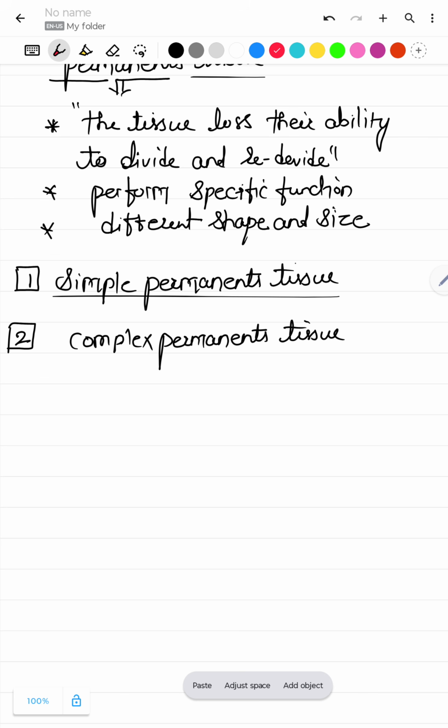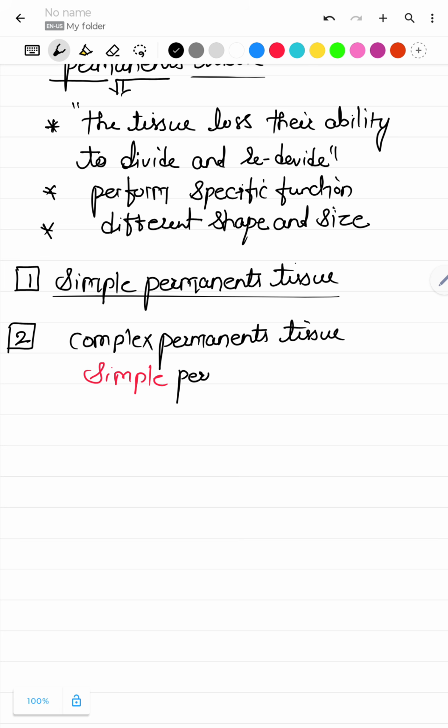In simple permanent tissue, we discuss which kind of cell the simple permanent tissue is made up of, and what their subtypes are.